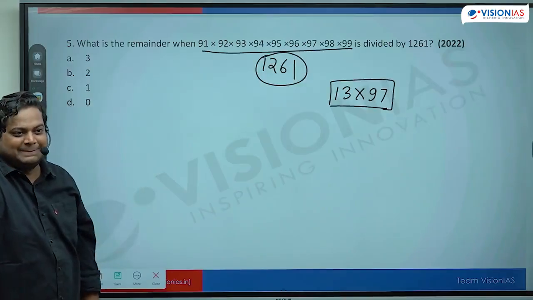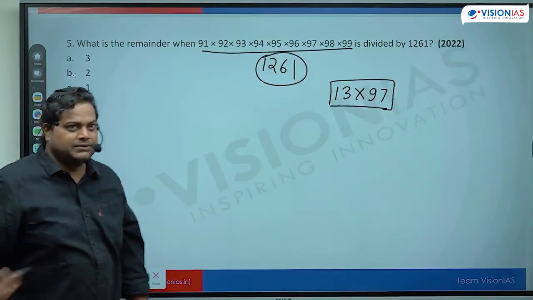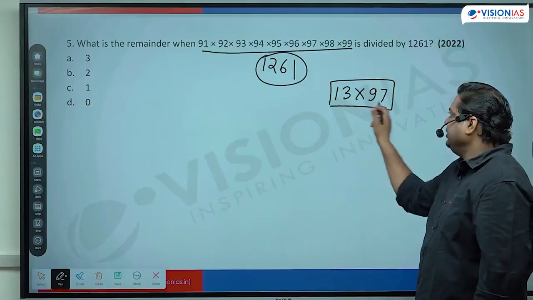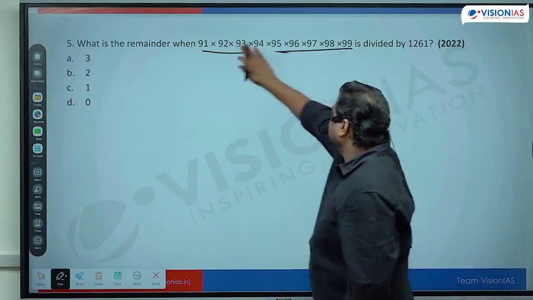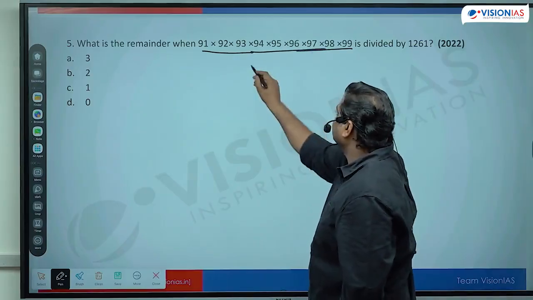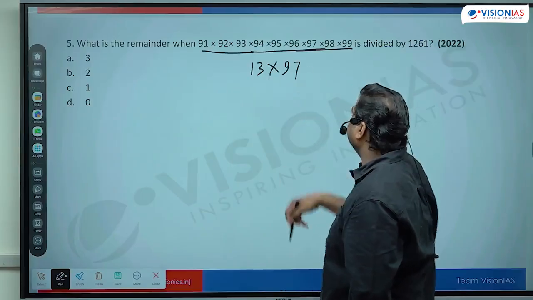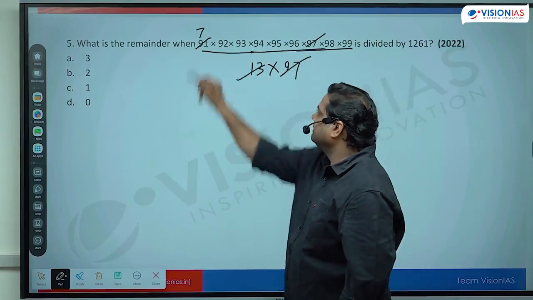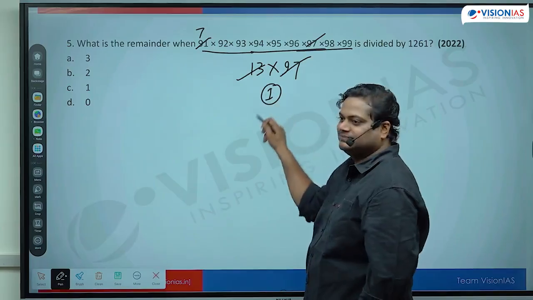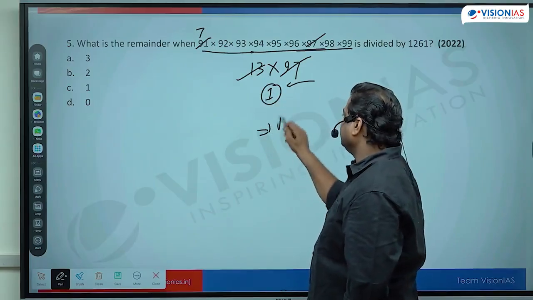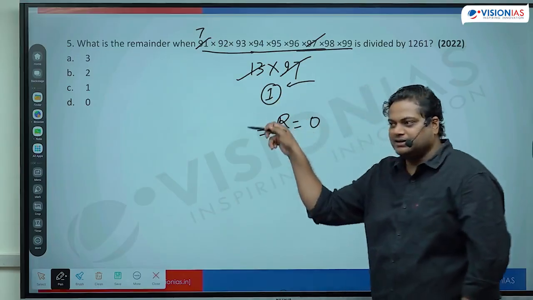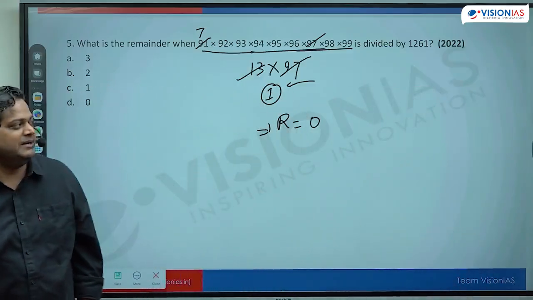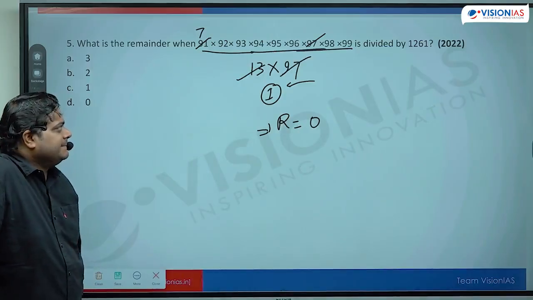Yes? 37 also, 1001. So if we can write 13 into 97, then 13 into 97, this 97 by 97, what came? What remainder came? 0. 1 came in the denominator, that is why we say the remainder is 0. The remainder is 0. Okay.